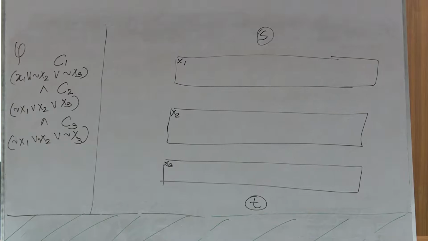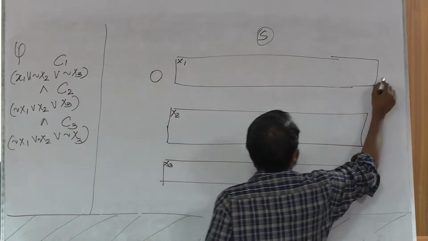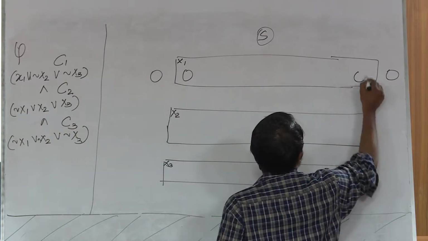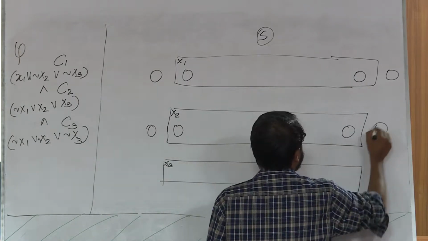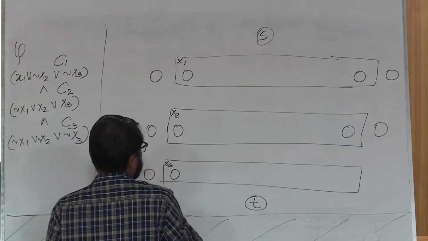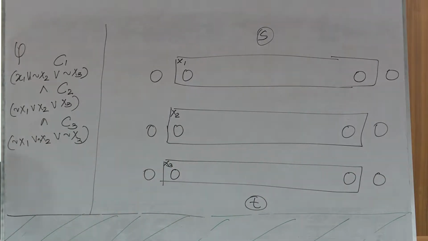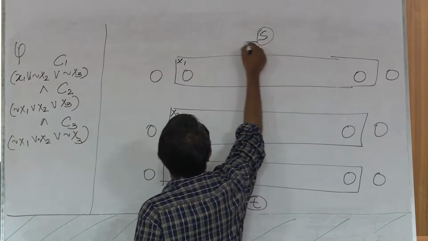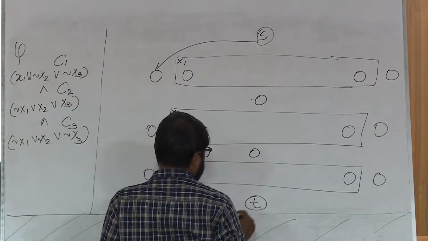Okay. Now, from this I will put an entry vertex here and an exit vertex here. I will put 2 of these, one inside, just like having terminals. Okay. Then from S I can go either to this. Okay. I will also put some vertices here.